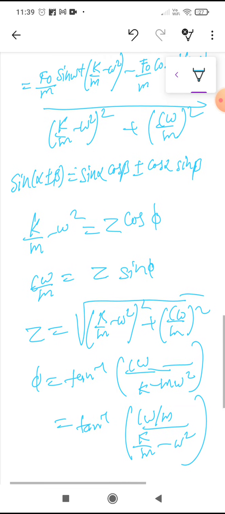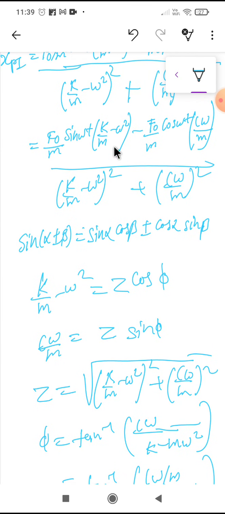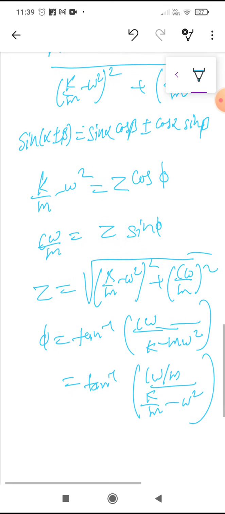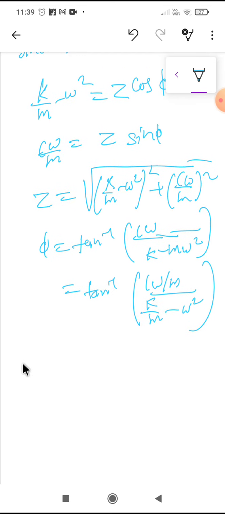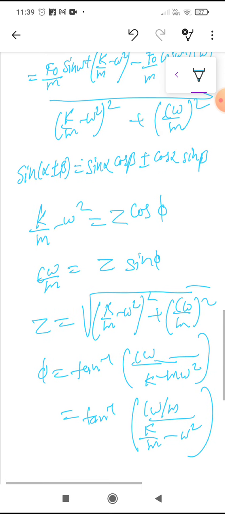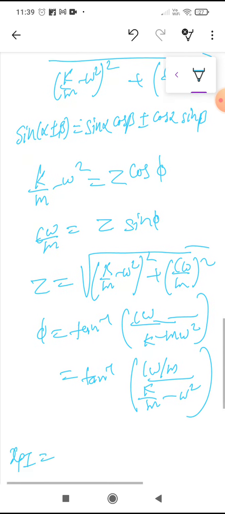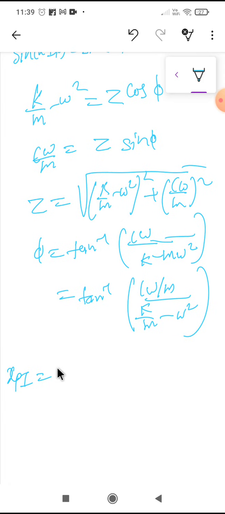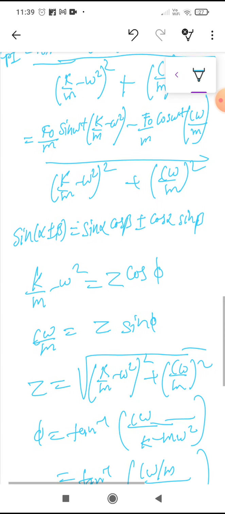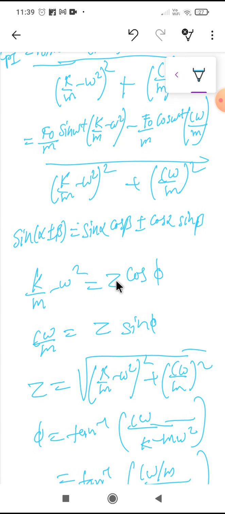So what is our goal? To convert this equation into the sine alpha plus beta form to make it simpler. So the value of x pi, the particular integral, will be equal to f0 by m, which is constant, and in this also there is a common constant z.